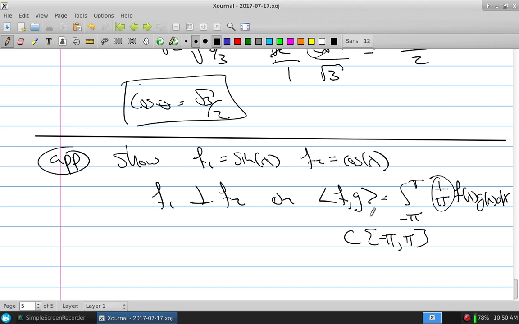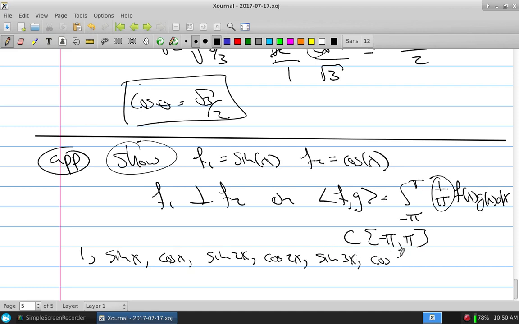And so what really happens is you can go through this on this sort of inner product space to take things like 1, which we'll have to change, and sine and cosine and sine 2x and cosine 2x and sine 3x and cosine 3x, etc. It ends up being that all of those are orthogonal to one another within this inner product space, as long as we define this particular space as going from minus pi to pi.